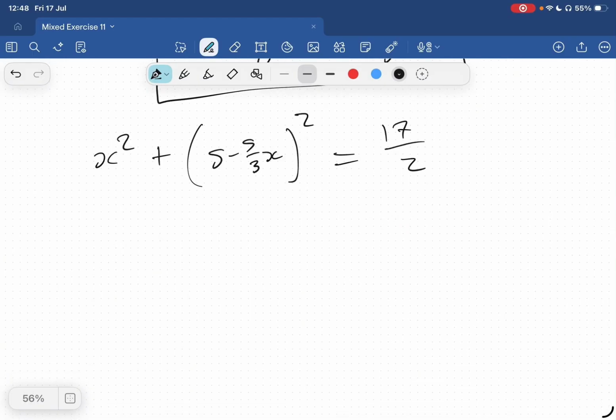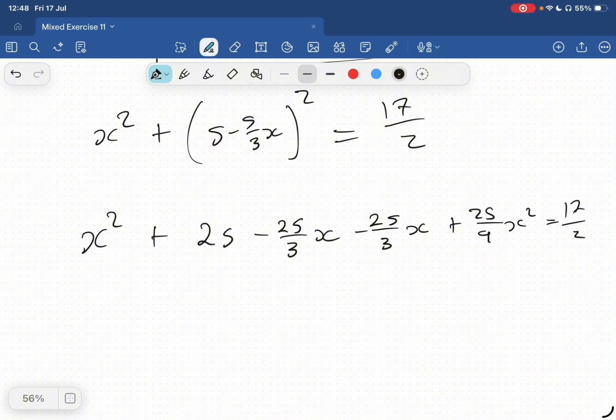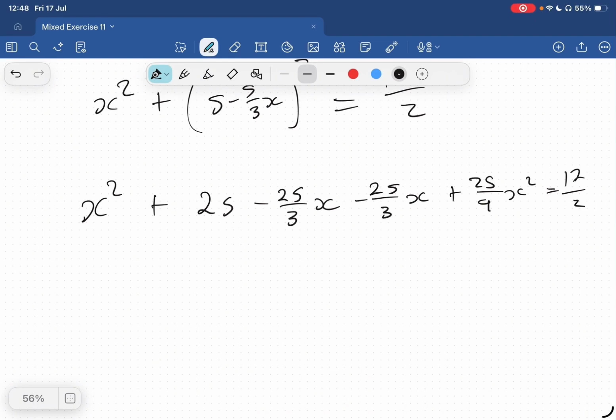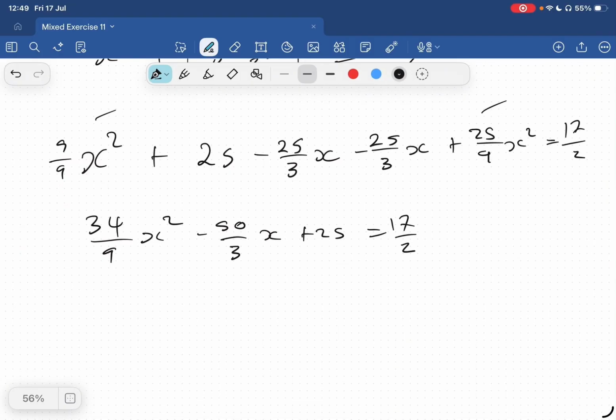We just subbed in y into here, and expanding, x squared plus 25 minus 50/3 x plus 25/9 x squared, which gives 34 over 9 x squared minus 50/3 x plus 25 minus 17/2.